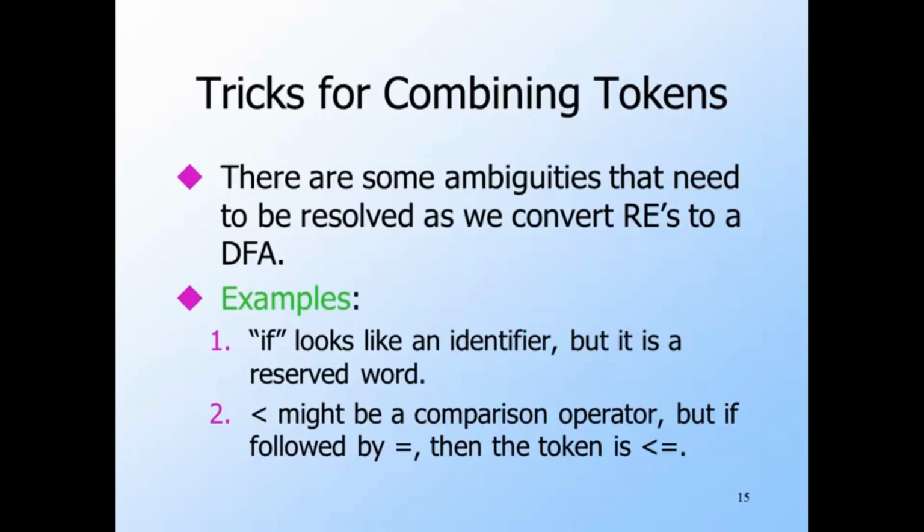For another, when we see less than, we don't immediately know if it's a token by itself or part of a larger token, which would be less than or equal in this case. We need to make sure we don't prematurely declare victory and return the less than when less than or equal is intended by the programmer.